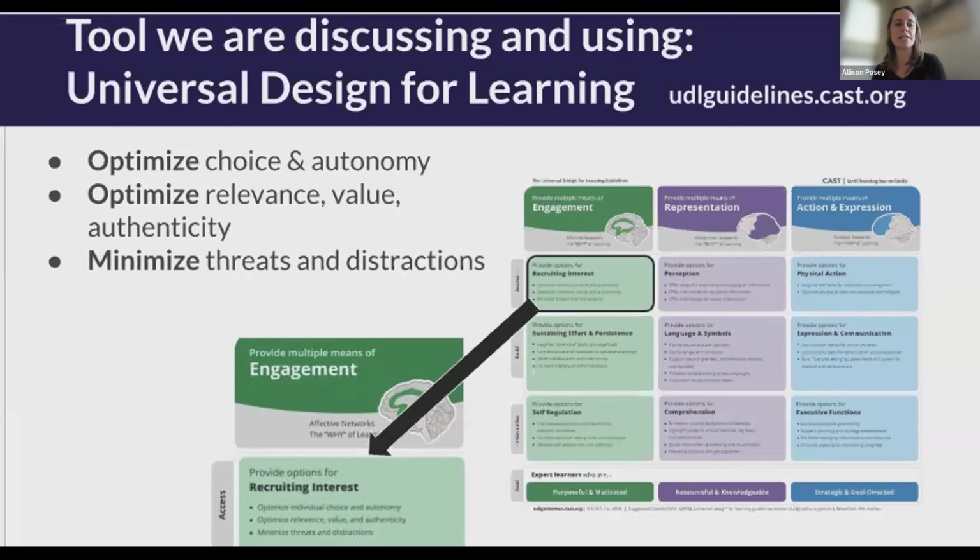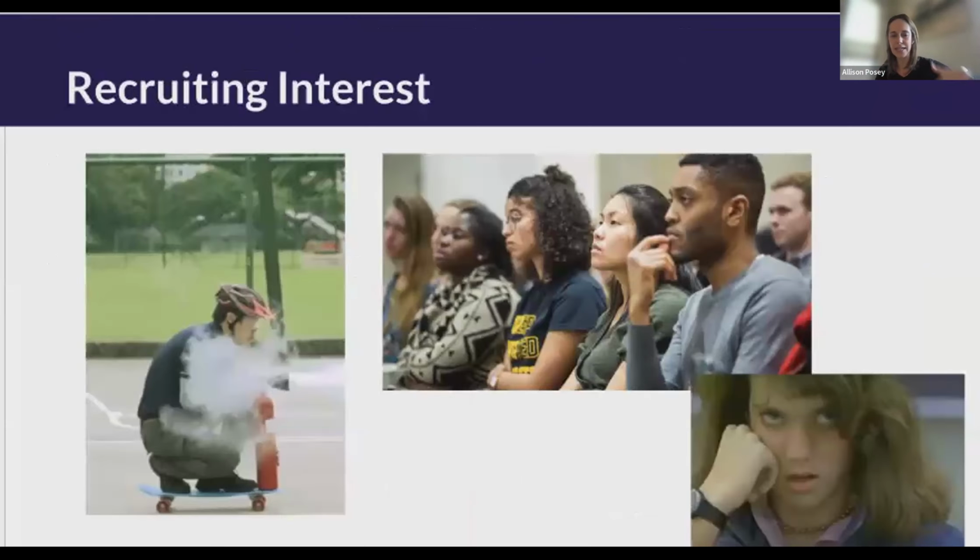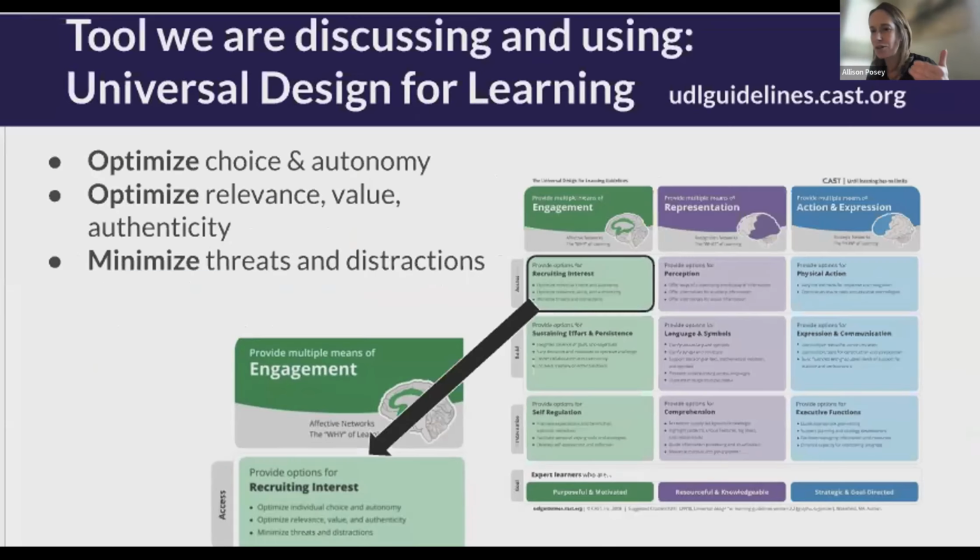Because one of the things in my work with UDL and with you all is the huge value add that I think UDL gives us: a common language for learning. We talked at the beginning about activating our background, thinking about our own experiences and learning, and we didn't have this language around UDL. So this was very intentional, to share what I hope is the biggest value add about UDL: this common language.